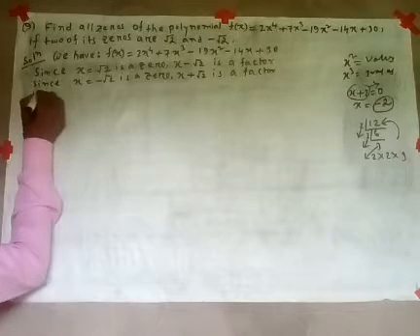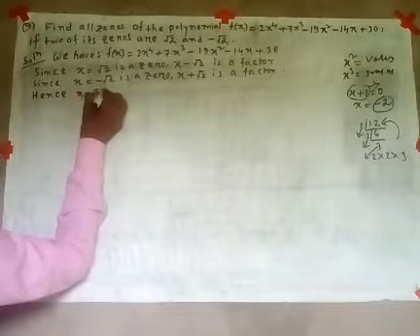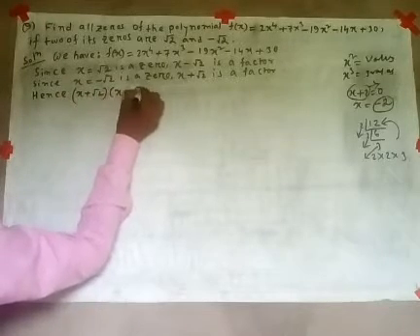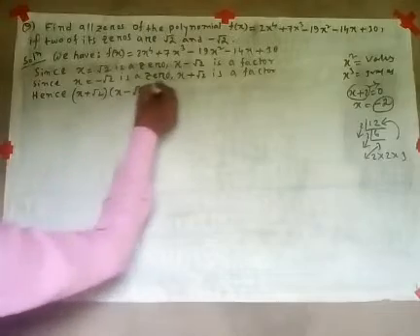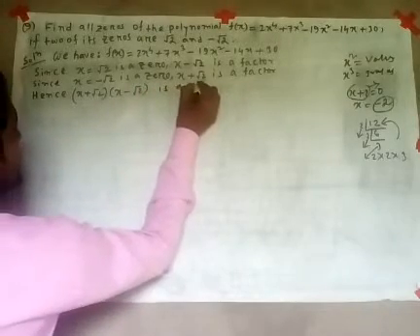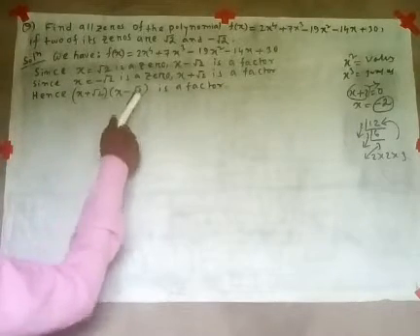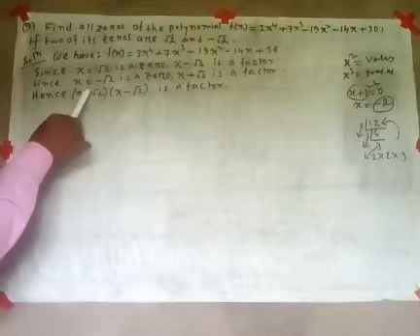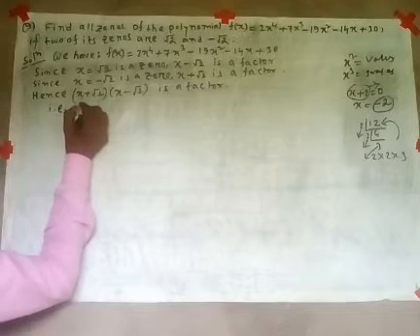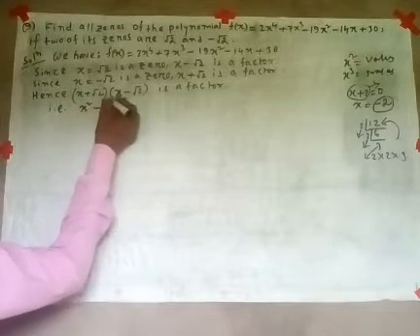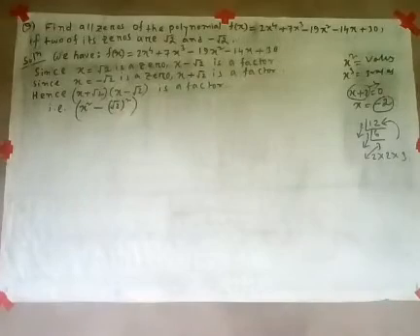So we can write here, hence this part, x plus root 2 into x minus root 2, is a factor. Now we can use the formula a plus b into a minus b, which is a square minus b square.